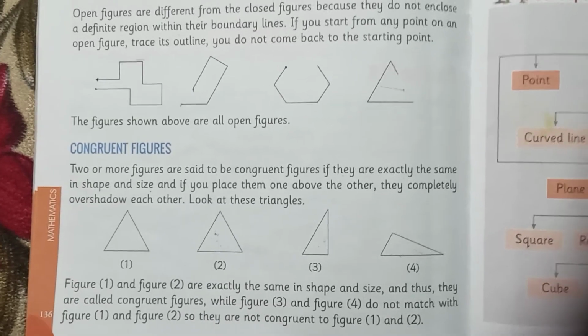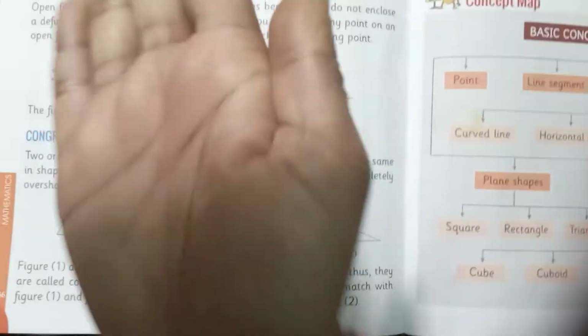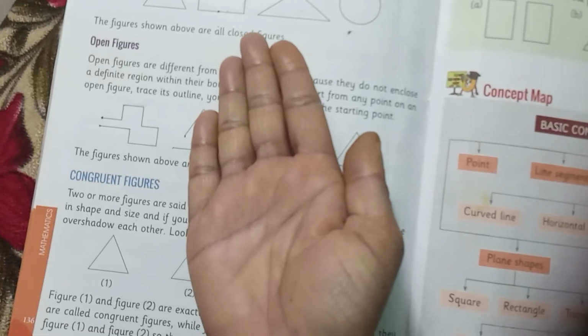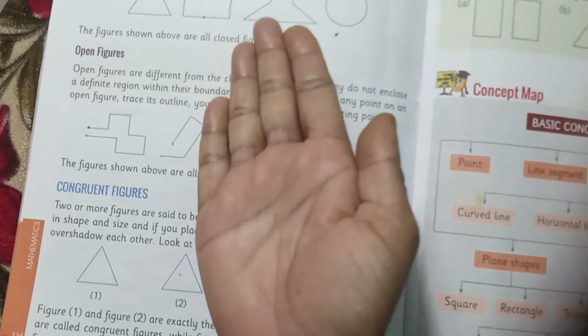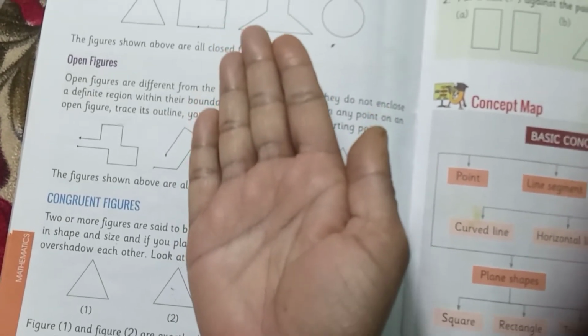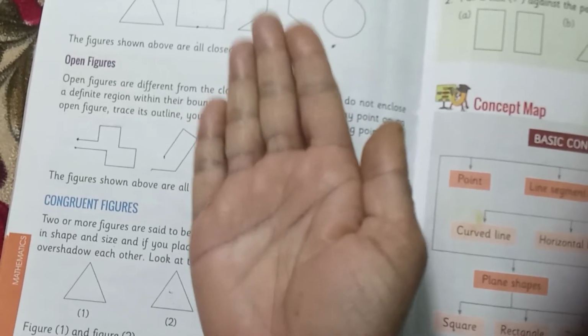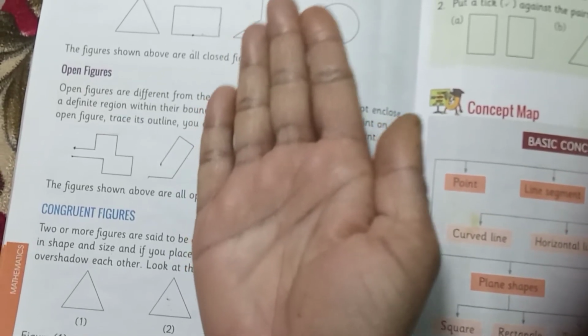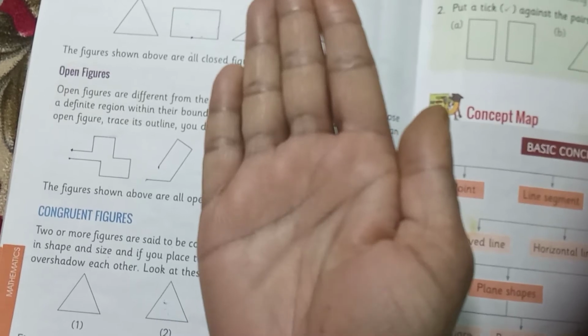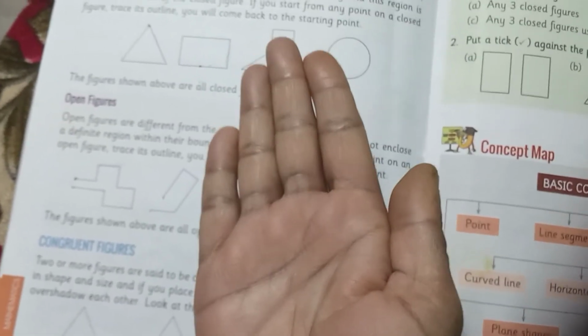Look at your palms, children. Both the palms are equal in size and shape, isn't it? So when you place both your palms over each other, they will completely overshadow each other. Clear? I will show you how.